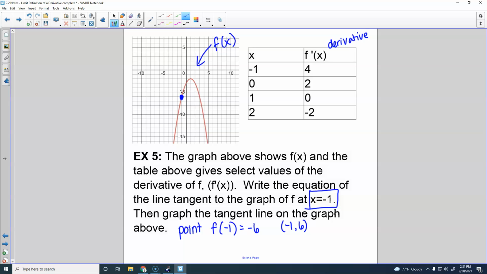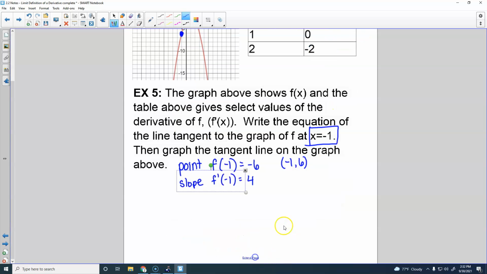Alright? So, I also need a slope, which would be f prime of -1, the derivative at -1. What is that? It is 4. I'm just reading that off of my table, because this right here tells me that this table is giving you the derivative. And so, I know my point is (-1, -6). My slope is 4.